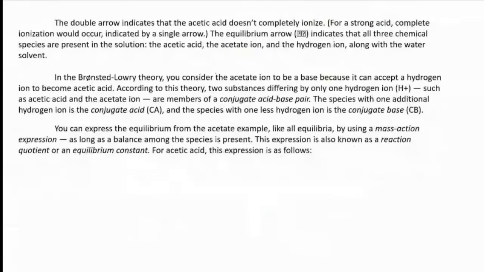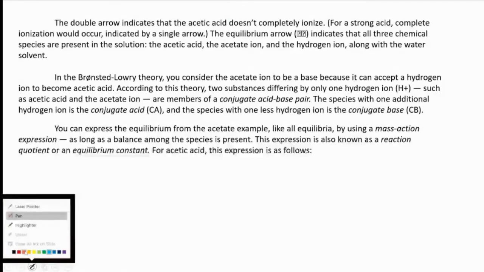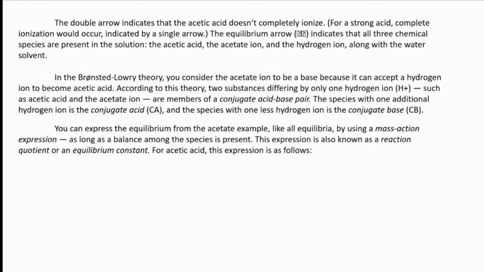Yeah? So, the double arrow indicates that the acetic acid, since it's a weak acid, does not completely ionize. So, for a strong acid, complete ionization would occur as indicated by a single arrow. So, the equilibrium arrow indicates that all three chemical species are present in the solution.